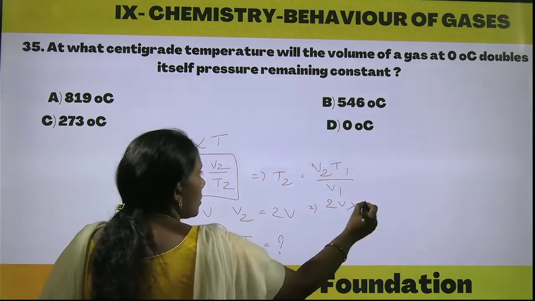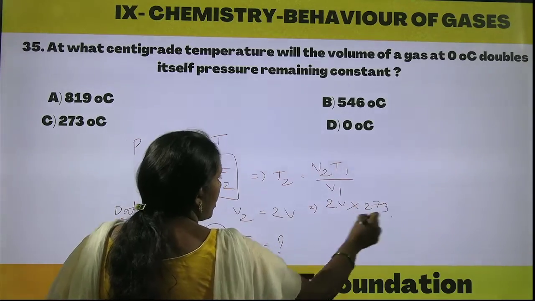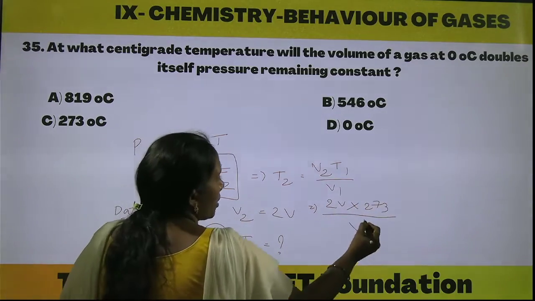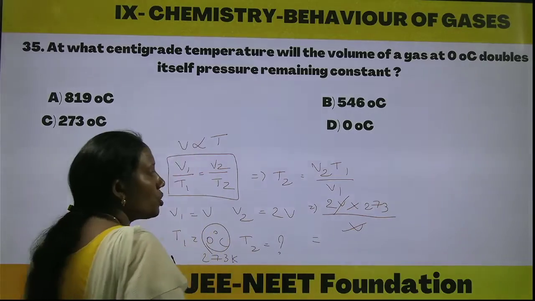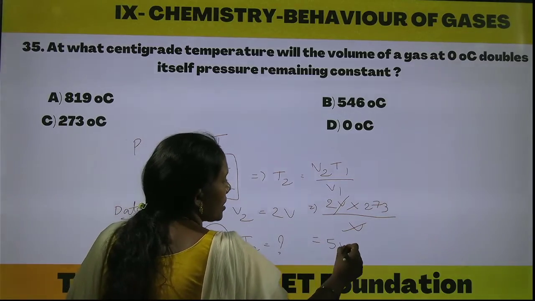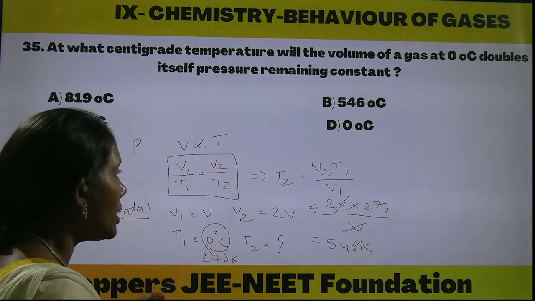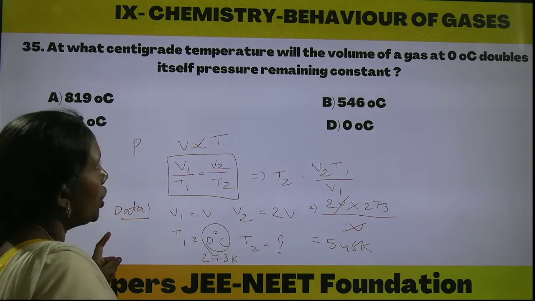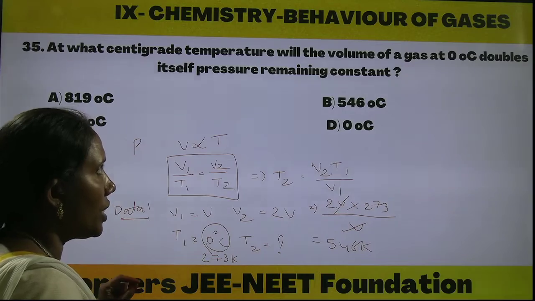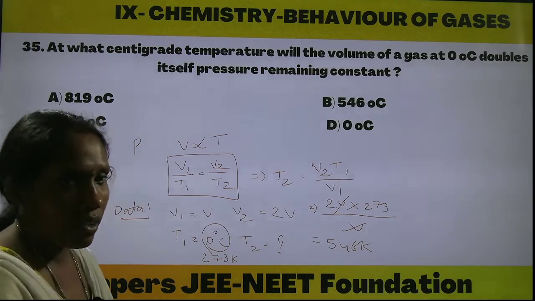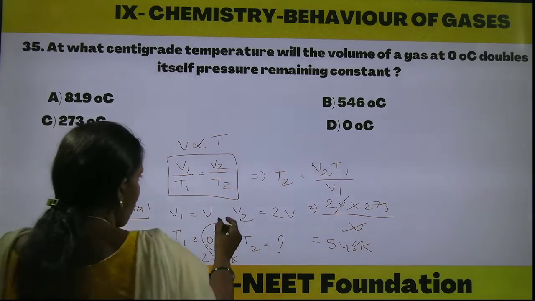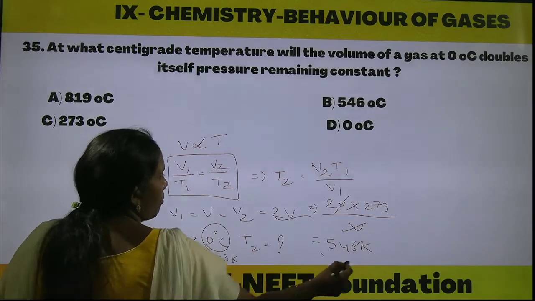What is T1? 273 Kelvin. By V1, which is V. V and V will get cancelled. 273 into 2 is nothing but 546 Kelvin. So at 546 Kelvin, the volume of a gas at 0 degrees Celsius doubles itself. So V becomes 2V at 546 Kelvin.